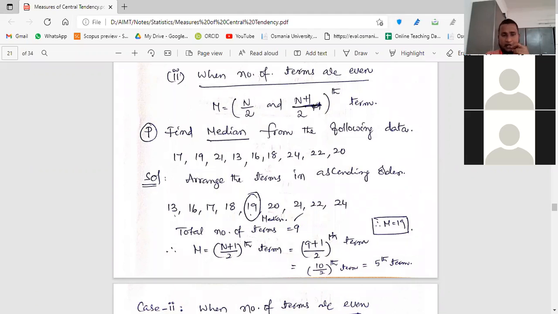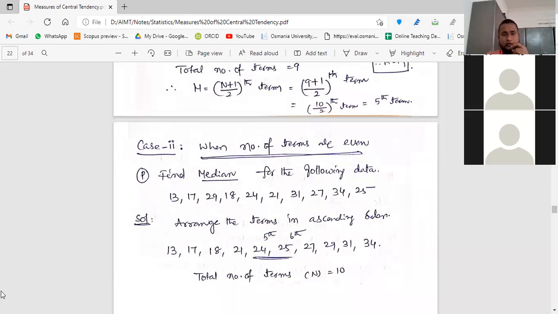So when it is an odd number, obviously you will get equal numbers on the left and right hand sides, some greater and some lesser. If you arrange this series in descending order also, it doesn't make any difference. Again you will get 19 as the answer because it is the mid value.